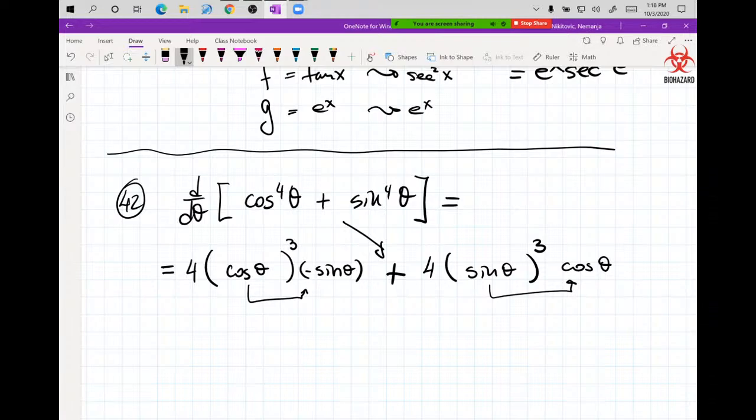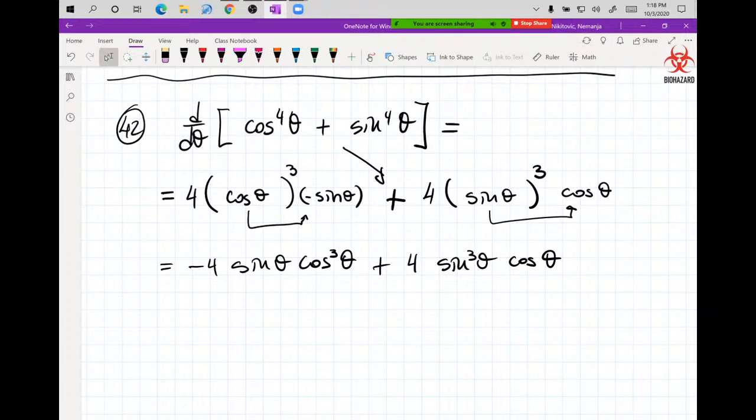And now we do the best we can to make this a little bit prettier because chapter 4 is coming. So negative 4 sine theta cosine cubed theta plus 4 sine cubed theta cosine theta.